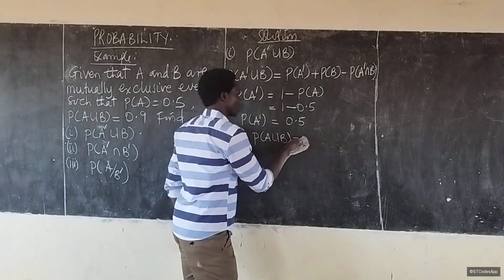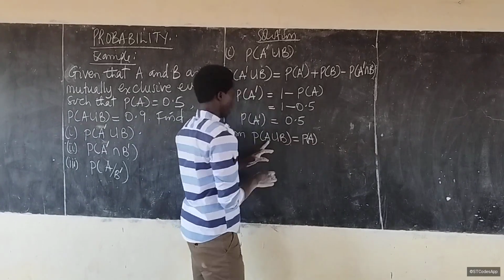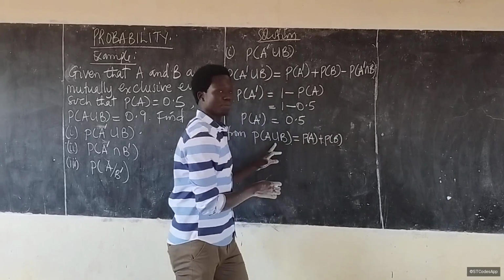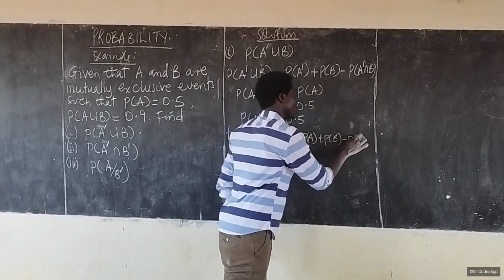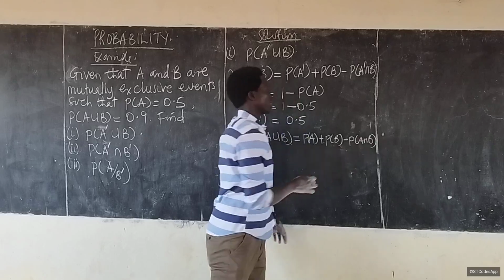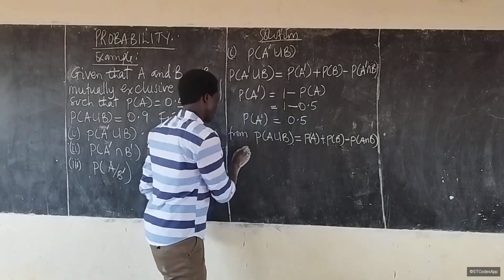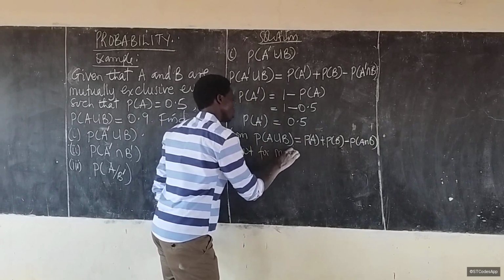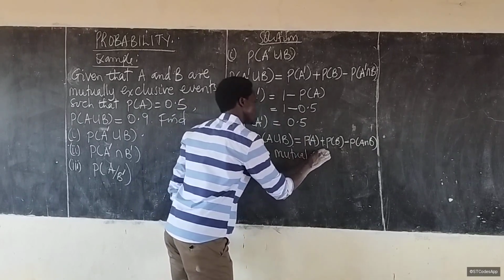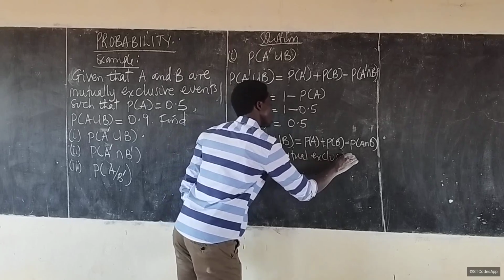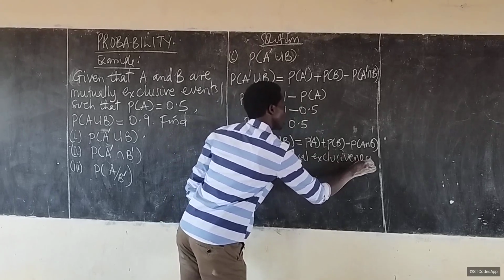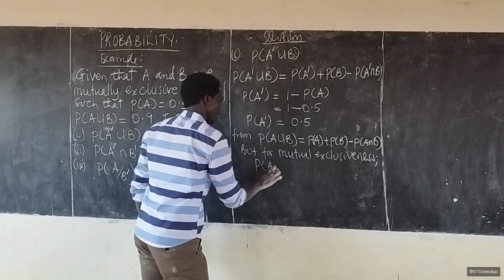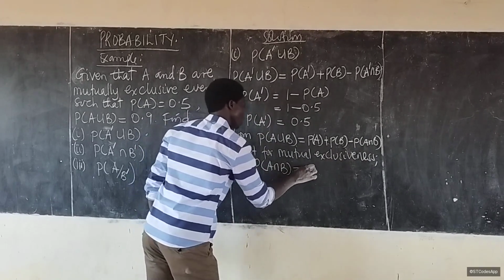It is the same as the probability of A plus the probability of B, then minus the probability of A intersection B. But for mutual exclusiveness, the probability of A intersecting B is 0.